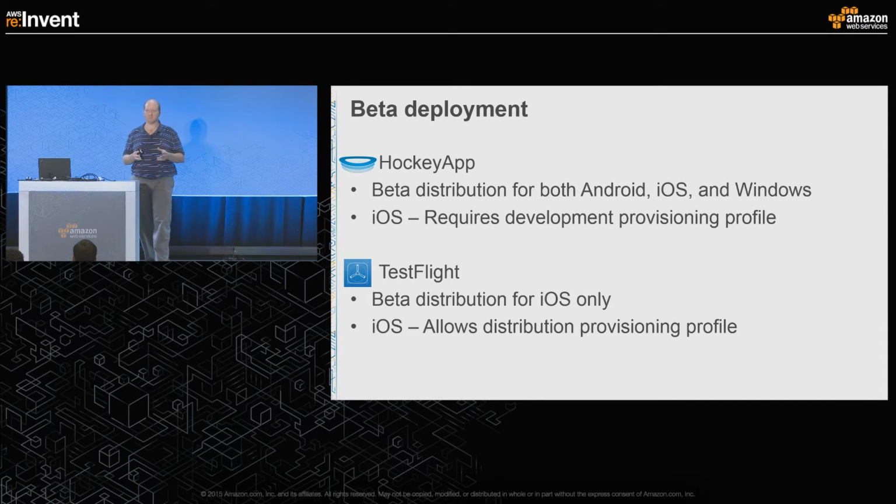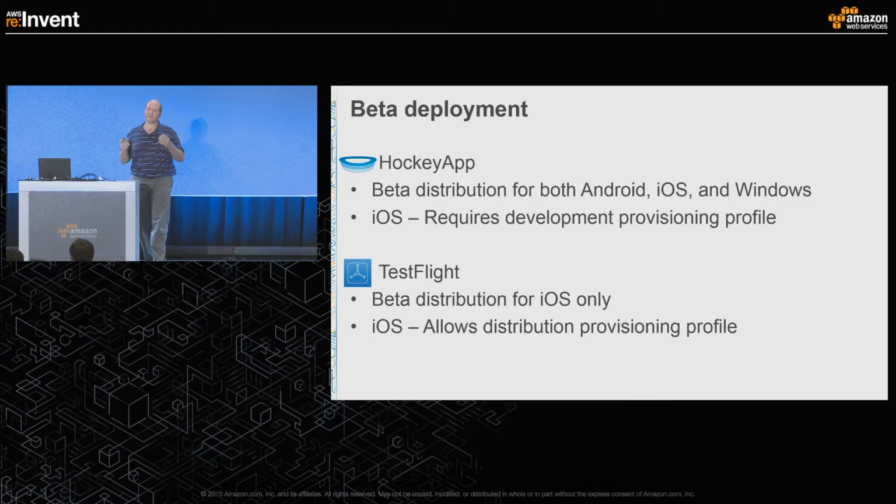And for those that know iOS development, you know what I'm talking about. But that basically means the app that you create is only good for beta deployment. You could not put that on the App Store for general consumption. So whatever you're beta deploying won't be the same binary that you're going to later deploy to the App Store. And that could be an issue. You want to try to have the app that you test be the same app that you ship.